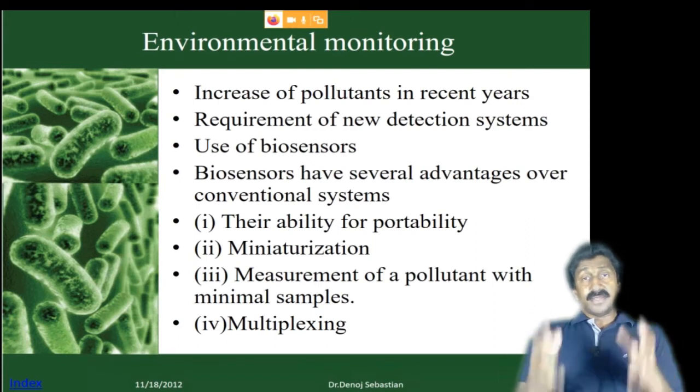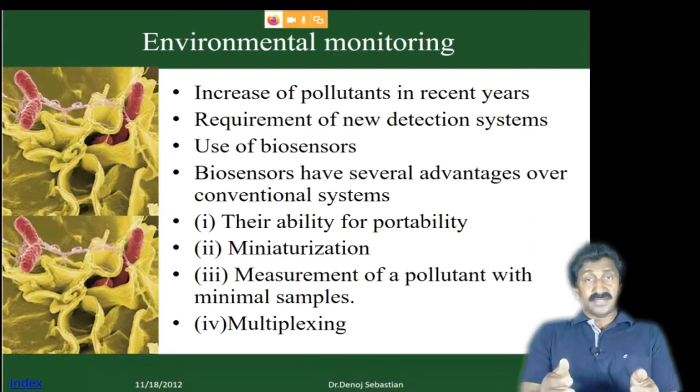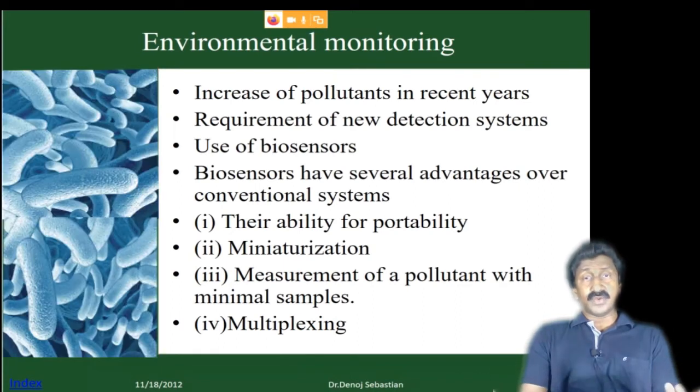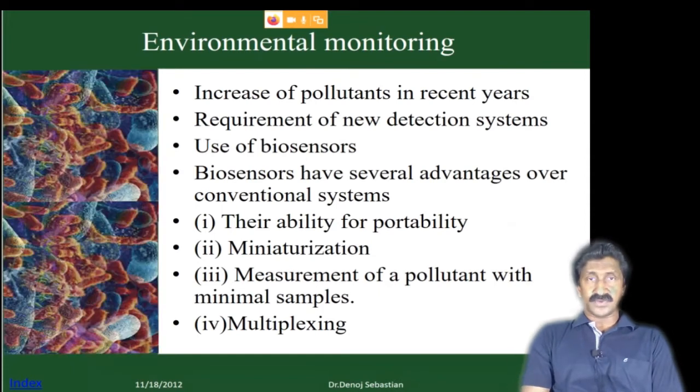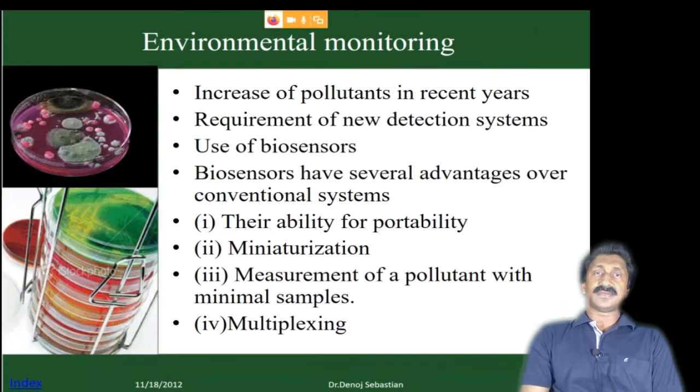Whereas biosensors can be miniaturized and taken to any outdoor facilities for easy monitoring. One example of biosensors is the glucose strips for glucose detection. That's based on biosensor technology.